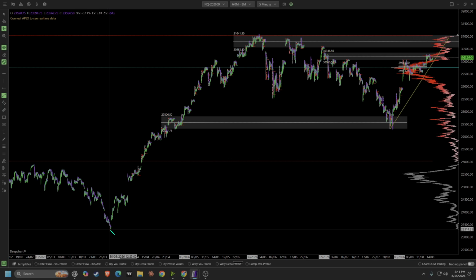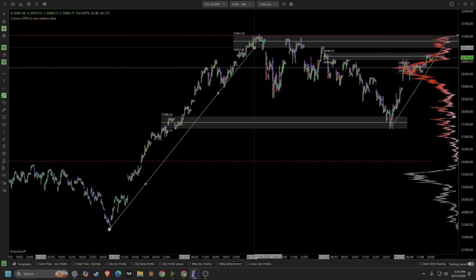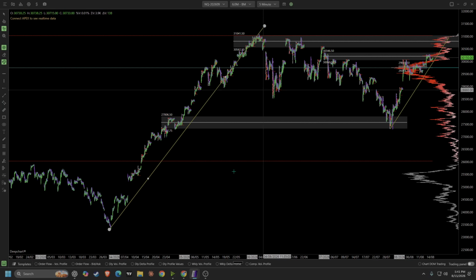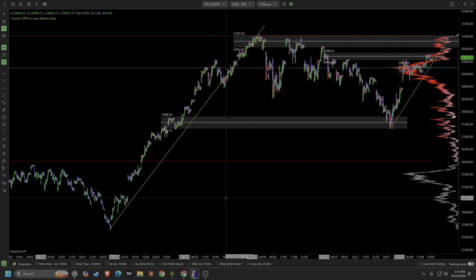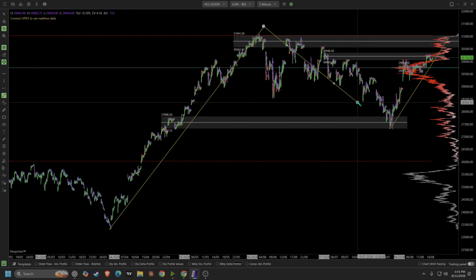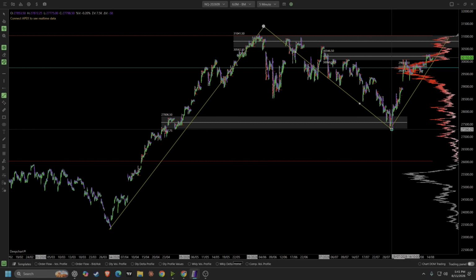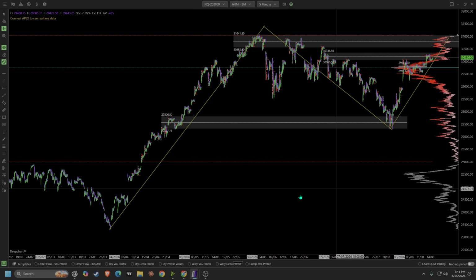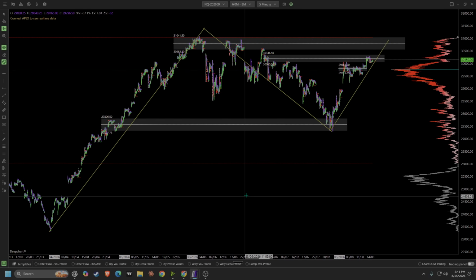A lot of data, especially tick-based data. So actually this is minute-based, but we had an uptrend and we had a pullback, and now we're basically retesting. So I expect a retest of the all-time high before the market makes its next move.